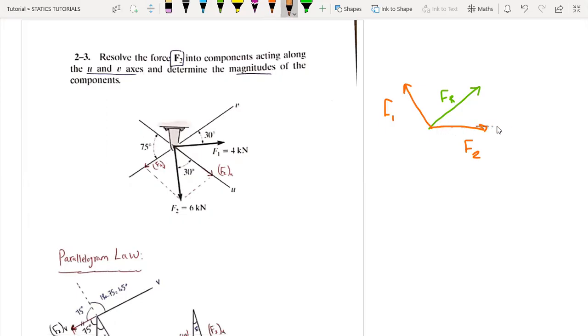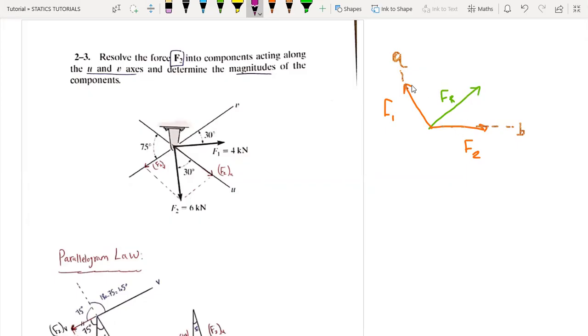Let's say this is the B axis, and here is the A axis. So what the parallelogram law says is that we can make a parallelogram, and the sides of the parallelogram are the components of the resultant force.